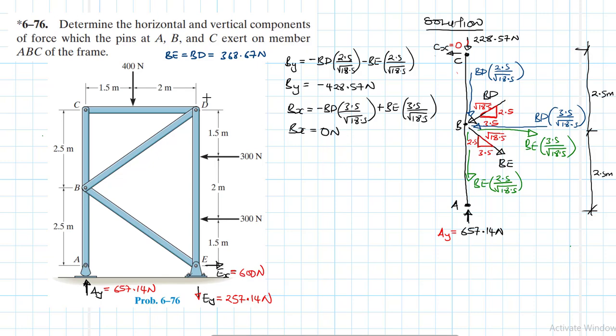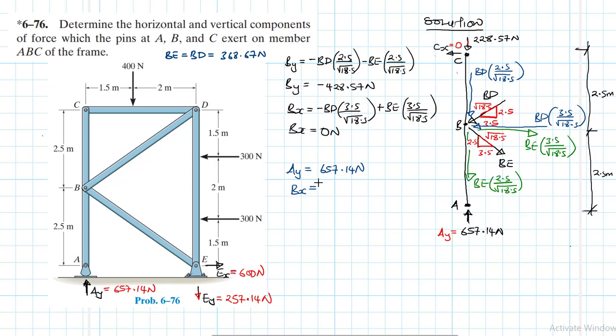So let's write a summary of the solution. We start with pin A. At pin A, we only have one value, which is Ay, equal to 657.14 newtons. And then at B, we have Bx. I will not put any signs, I'm just putting the magnitudes, because we don't need signs for these points as it depends on which member you are looking at.